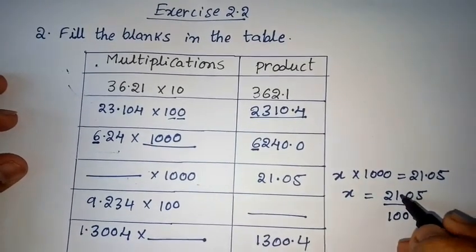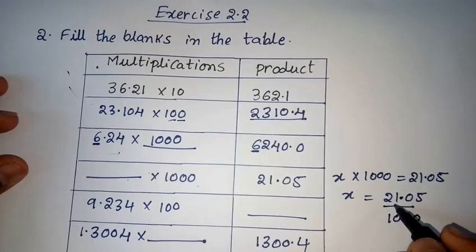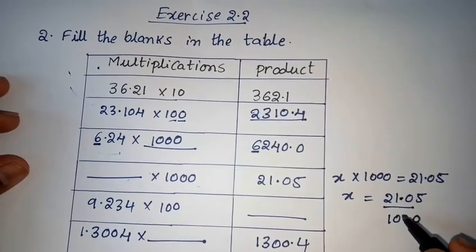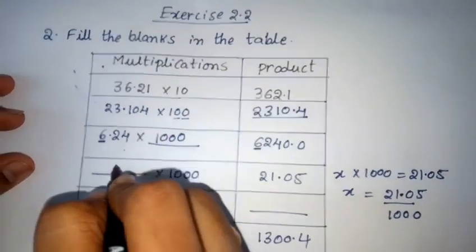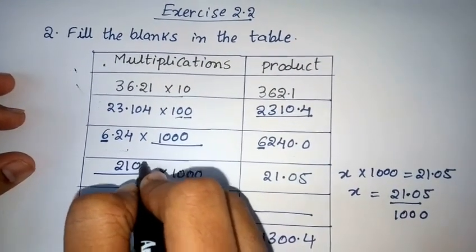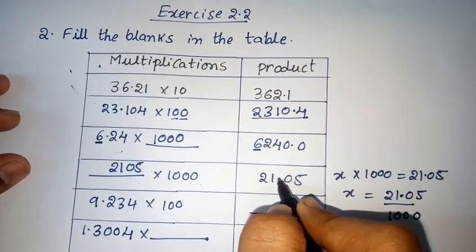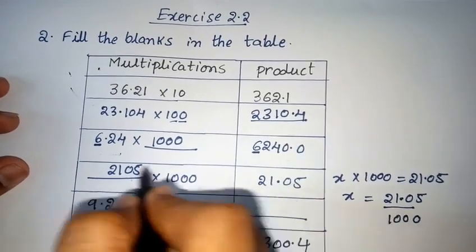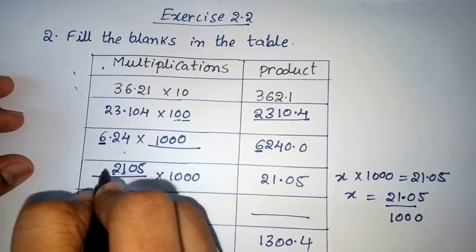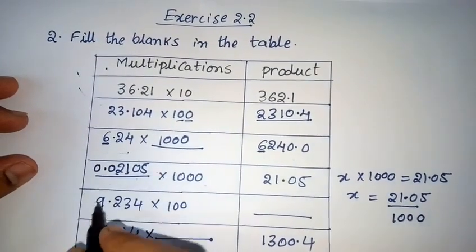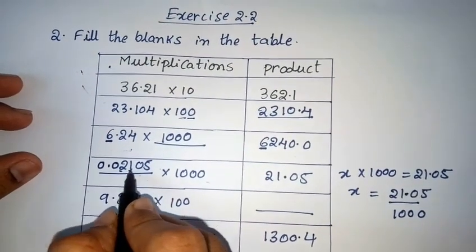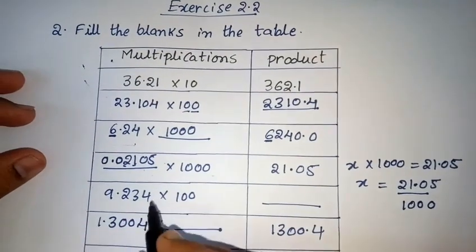So from the decimal point move 3 digits to the left. Why? Because the 1000 is in the denominator. So first write 2105. From the decimal point, moving 3 digits left: 1, 2, 3, digits not present, so keep 0. 0.0. So the final answer is 0.02105.